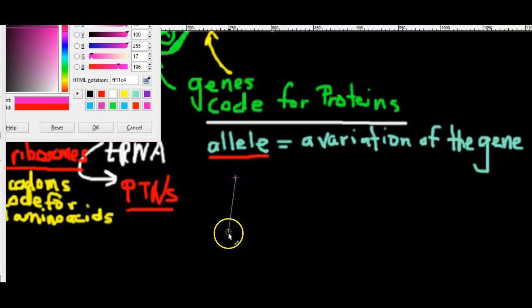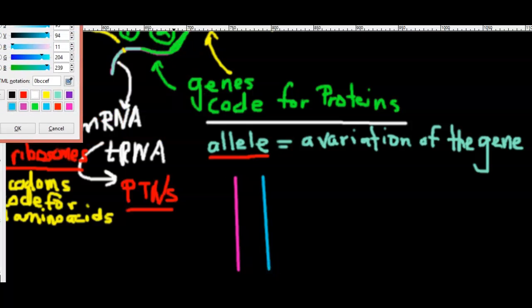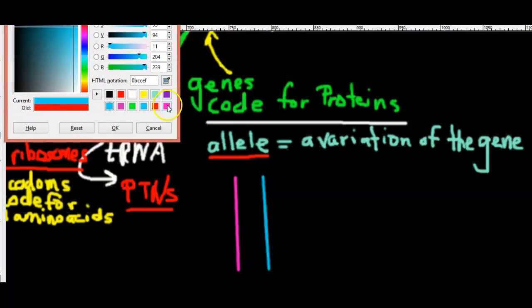So if this was my DNA, and this was your DNA, and let's look at the green gene. So let's say this is the green gene on mine, and this is the green gene on yours.